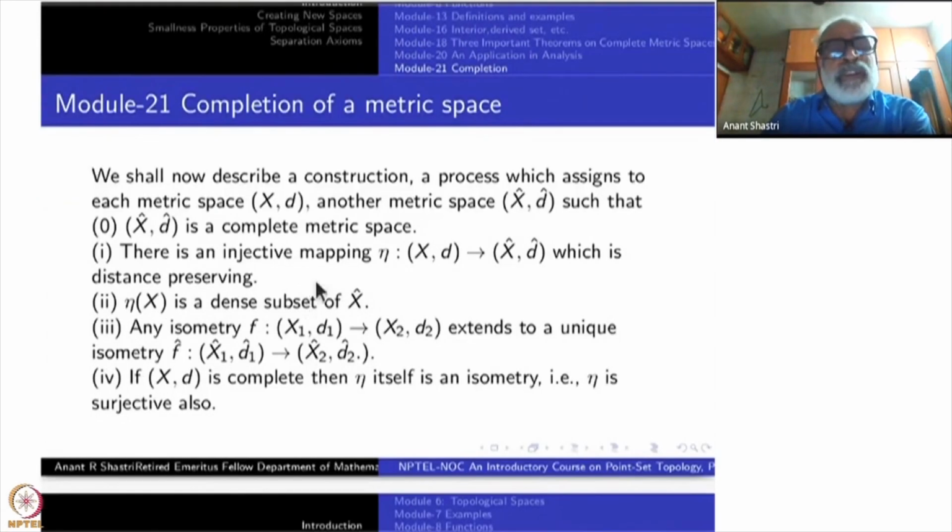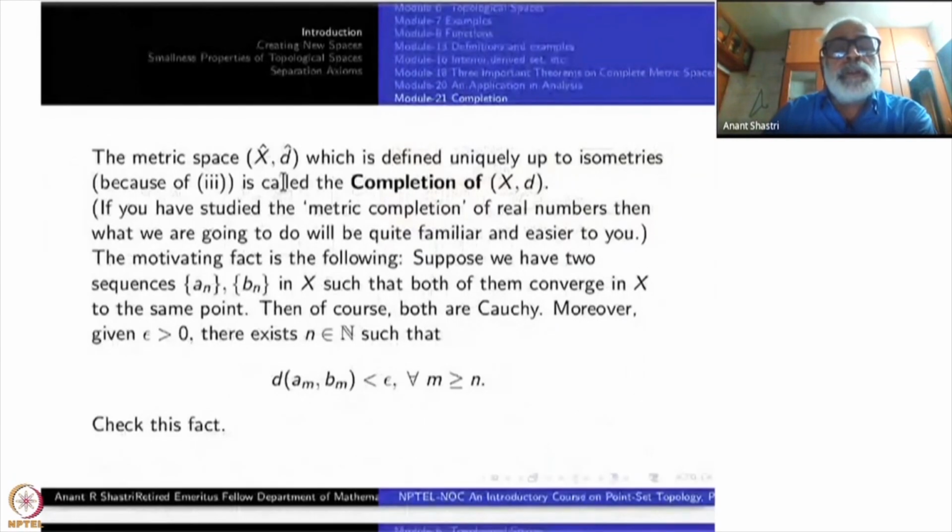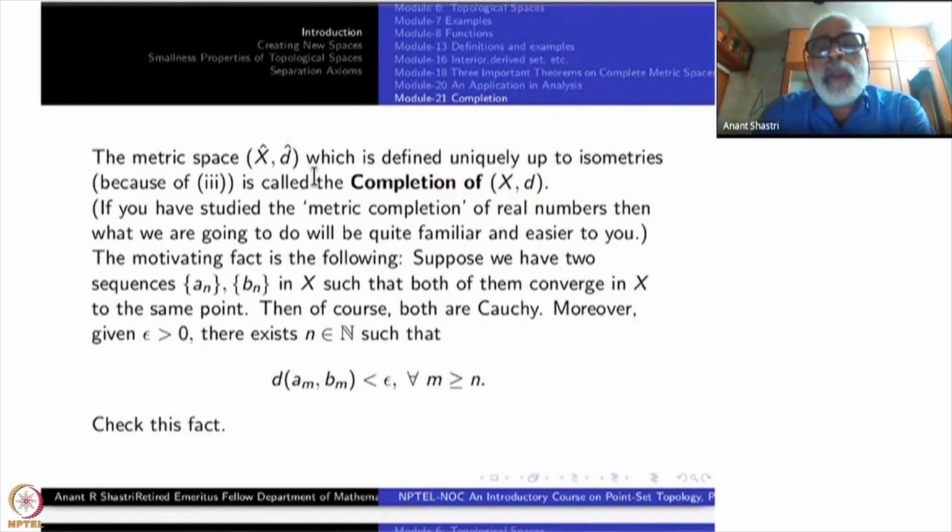Okay, so let us start with the construction. So this (X hat, d hat) will be called the completion of (X, d), that's what. One point I want to remind you, if you have done the metric completion of R in your analysis, then the process that I am going to do is only 50% of that work.